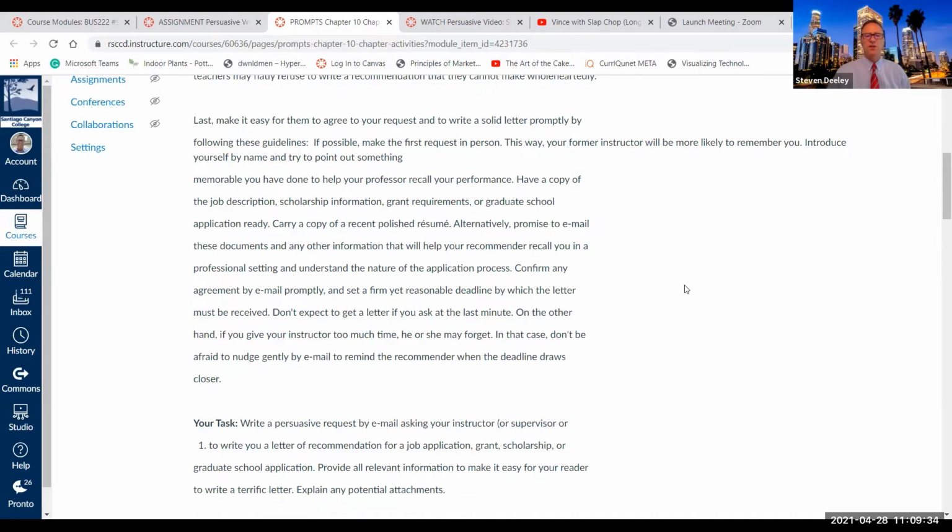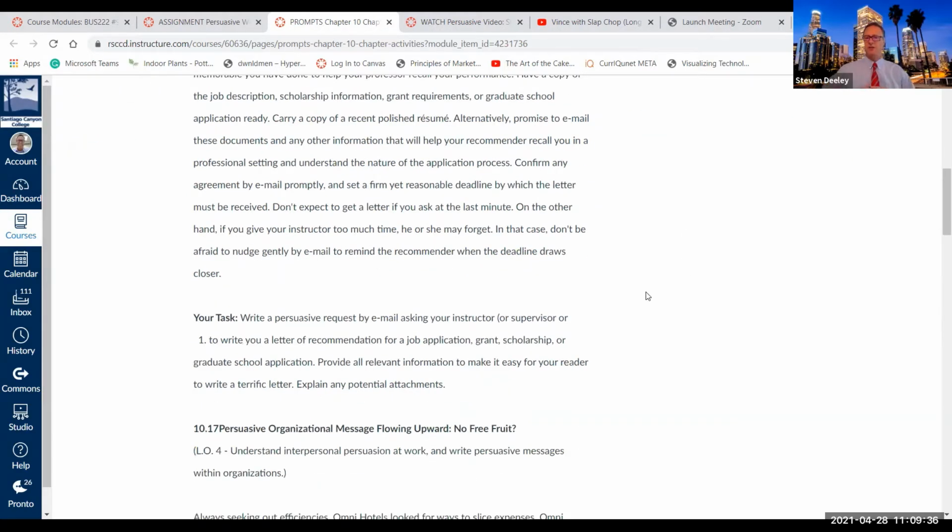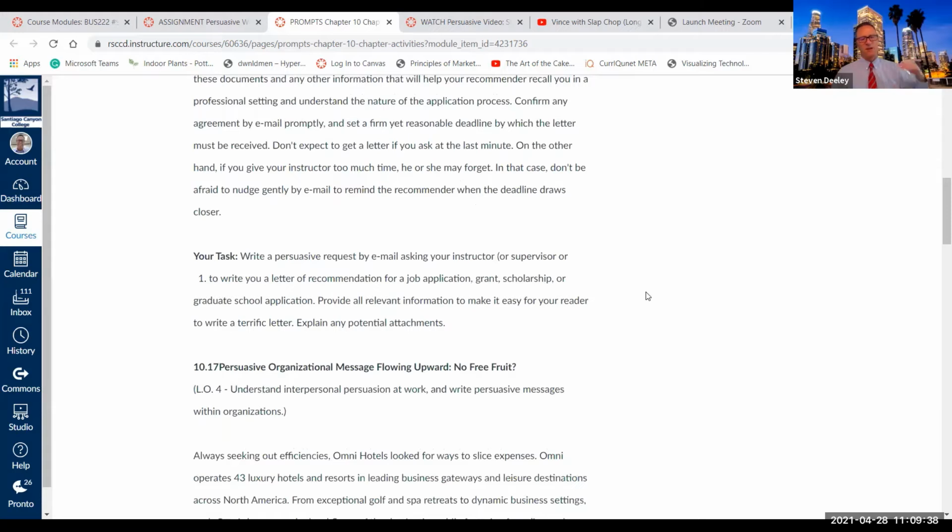But anyway, one of the things I would do is, in addition to the letter, I would say something like, I've also enclosed a copy of my resume and transcripts, so you get a better idea of my background. And then another thing that sometimes is really helpful is writing out some bullet points about characteristics that you have.